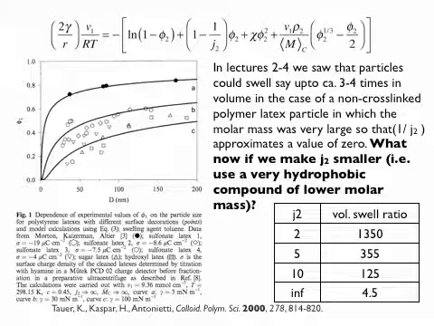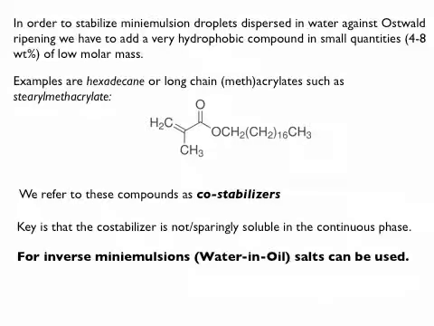But if I now put in, say, 4 to 8 weight % of something that's hydrophobic, I can massively retard Ostwald ripening. So I might still be able to make stable systems. That's what this kind of story is saying.